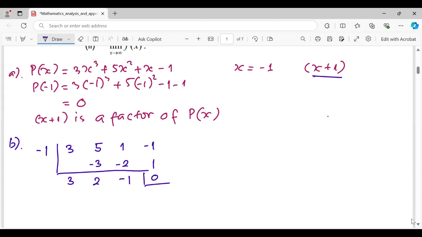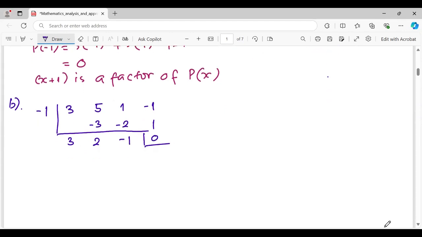And I will continue to divide by minus 1 once more: 3, minus 3, minus 1, 1, and the remainder equals 0.